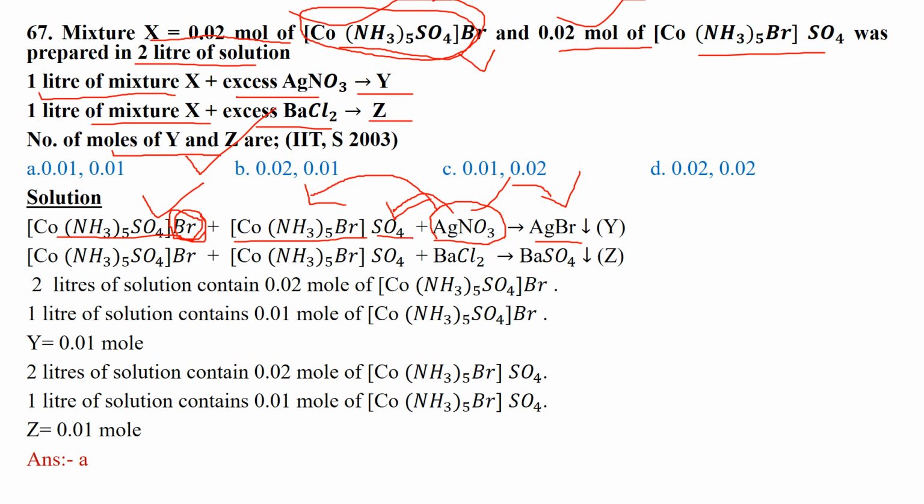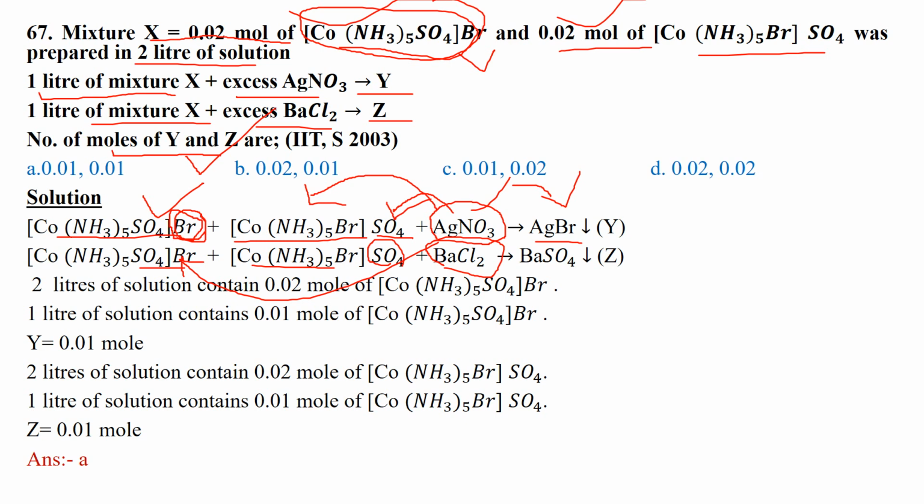In the case of these mixtures, if we add barium chloride, then barium chloride reacts with only sulfate. It does not react with the bromide ion, because the bromide ion is outside the bracket, and the ion present inside the bracket does not react with either silver nitrate or barium chloride.